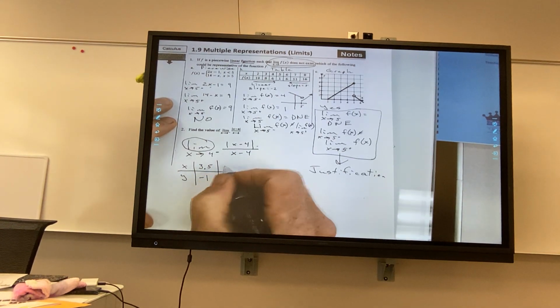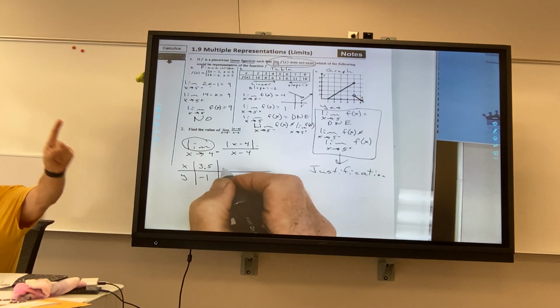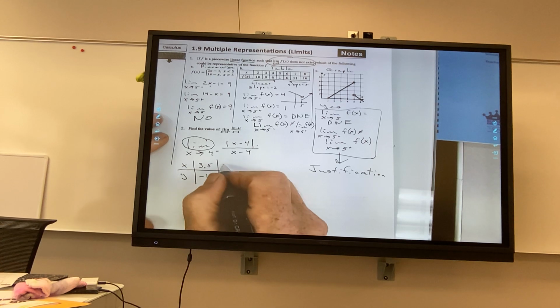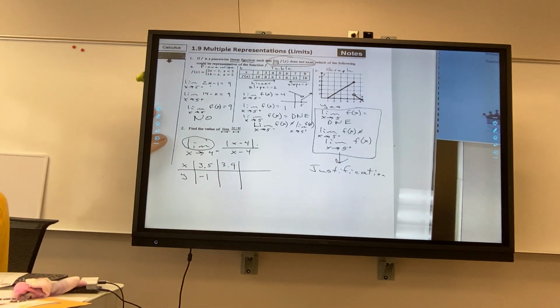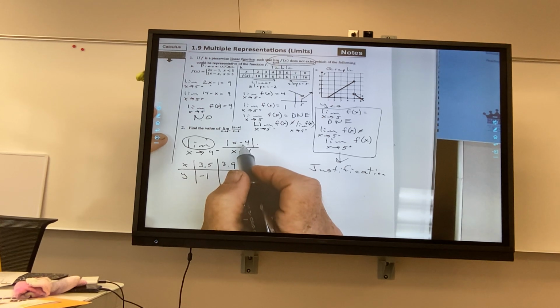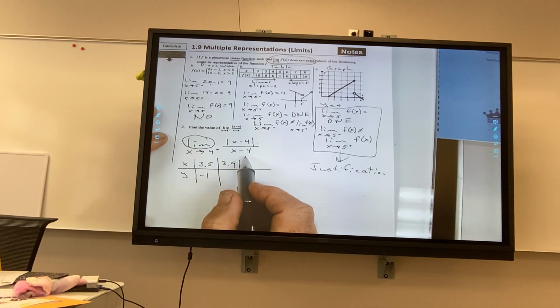So, I will use yours, but I'm going to choose the number before I get to yours. I'm going to choose 3.9. Owen, the reason I chose 3.9, it's an easy number, but it's closer. Positive on top, a positive 0.1, would you agree? Negative on the bottom, because I don't have the security of the absolute value, correct?